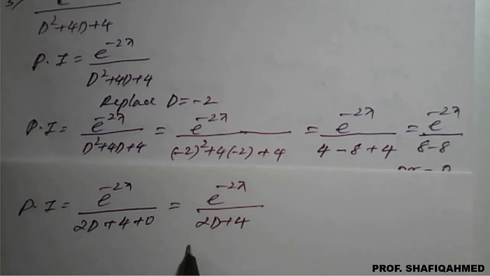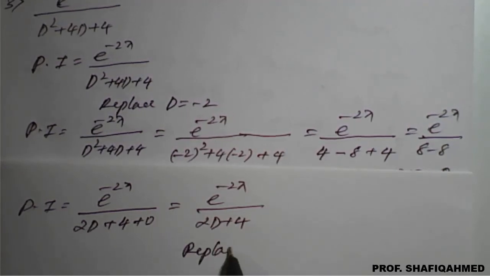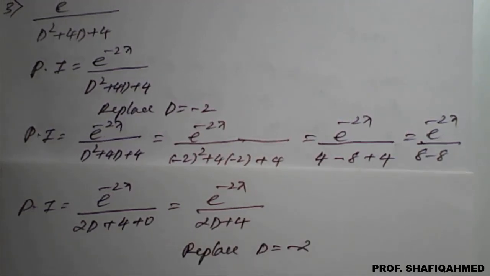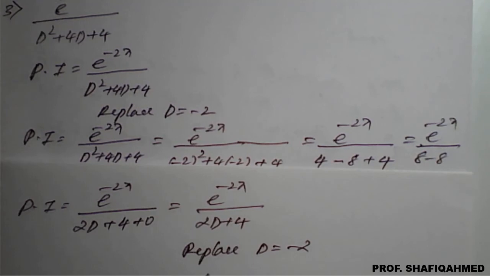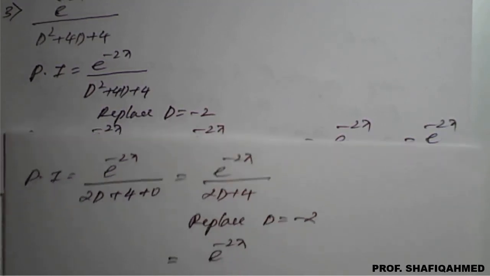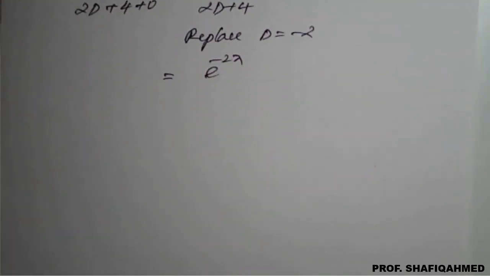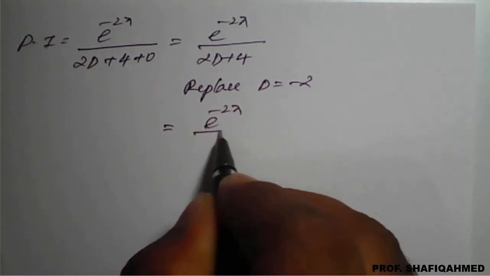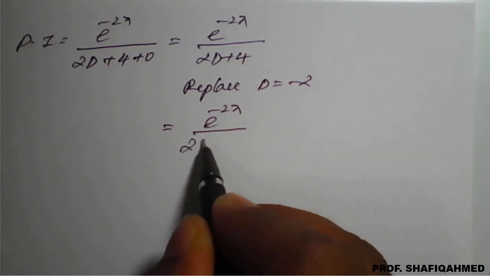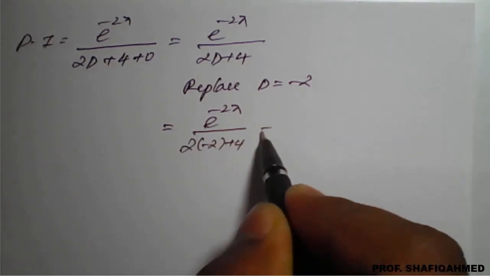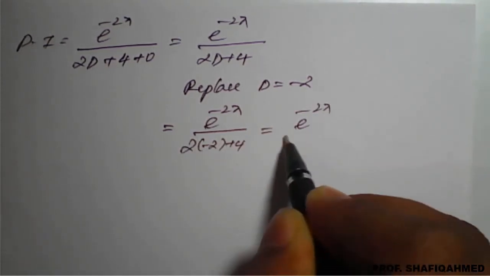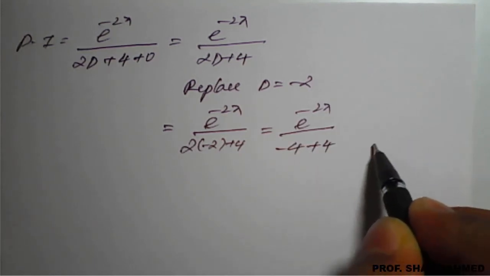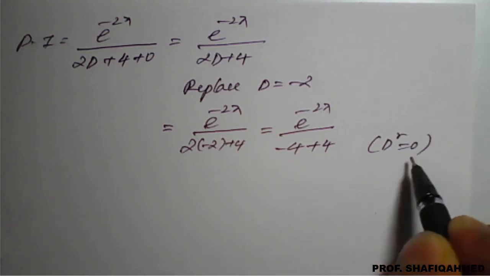Now we again replace d equal to the coefficient of x, that is minus 2. So 2 into minus 2 plus 4 gives e raised to minus 2x divided by minus 4 plus 4. Again you can see the denominator is becoming 0.